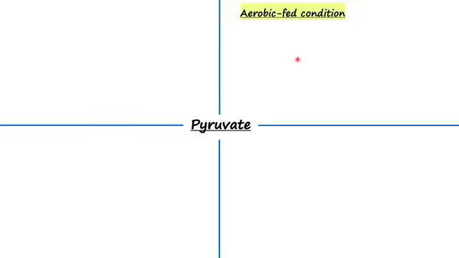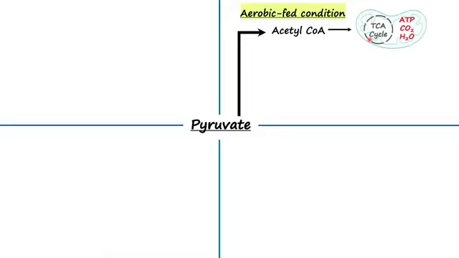So the first condition is aerobic fed condition. So in the presence of oxygen, when there is sufficient glucose level in the body, pyruvate is oxidized into acetyl-CoA, and acetyl-CoA is then further metabolized in mitochondria through TCA cycle to synthesize ATP, carbon dioxide, and water.